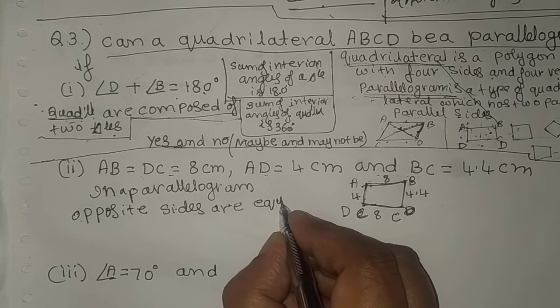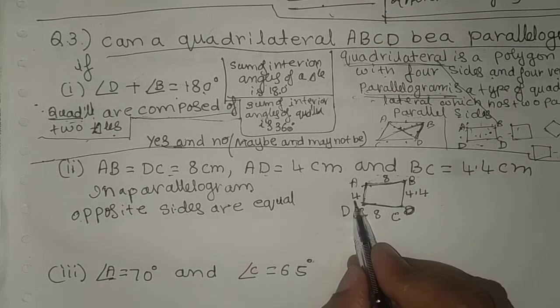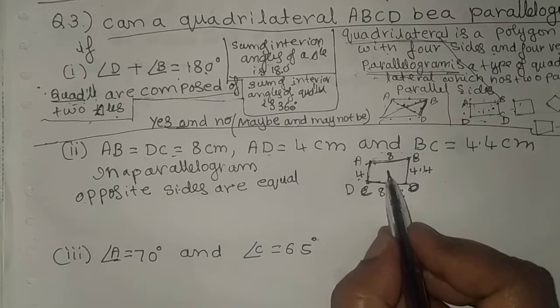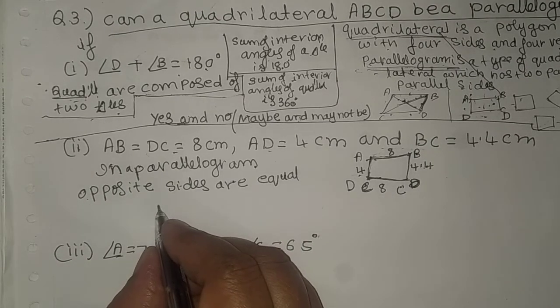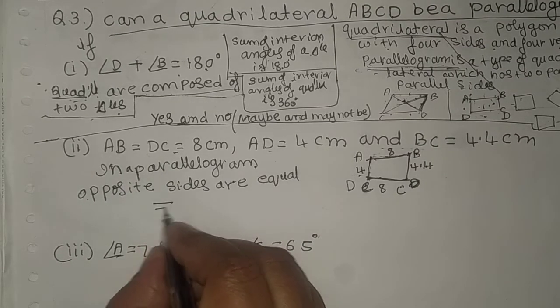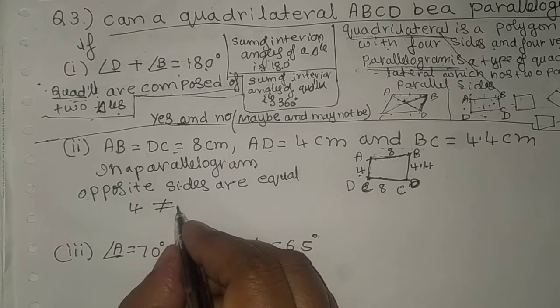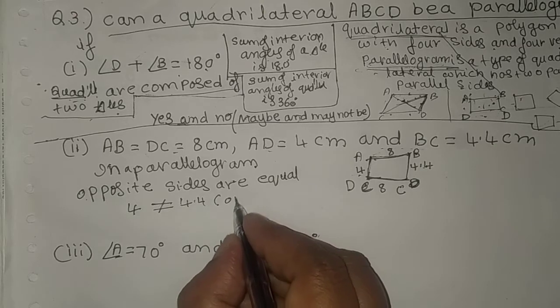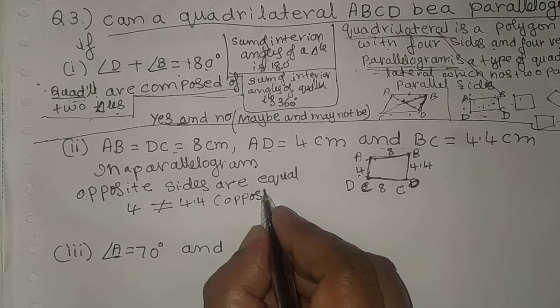Therefore here we have this one as 4 centimeters, this one as 4.4 centimeters. So these opposite sides are not equal. 4 is not equal to 4.4. So the answer is no.